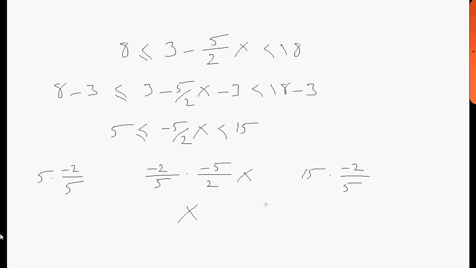I multiplied this by -2 over 5, this one too, and this one too. So this one gives me -6, and this one gives me -2.